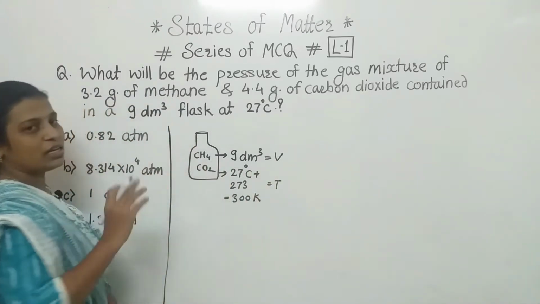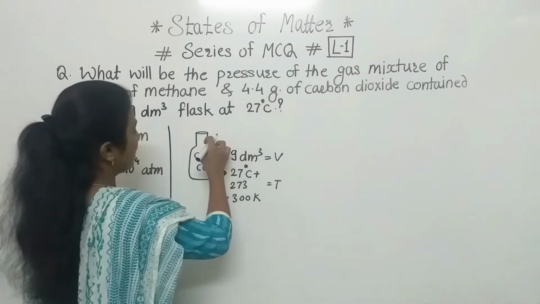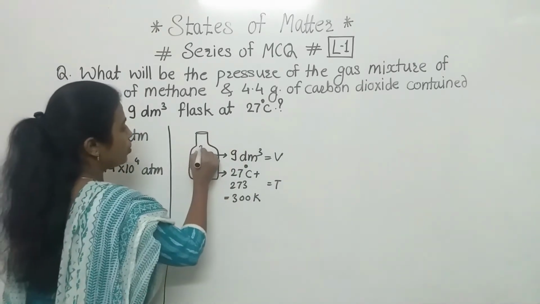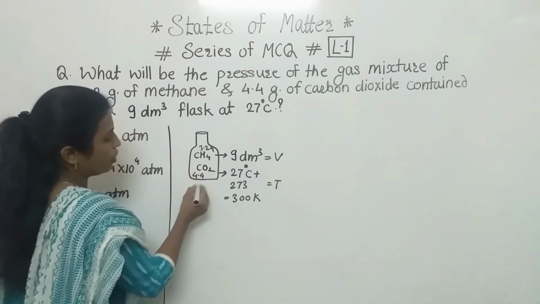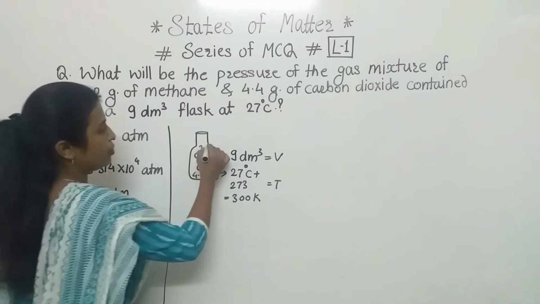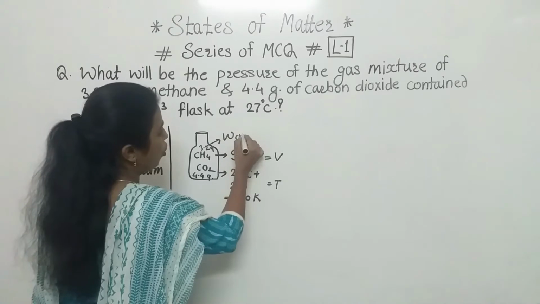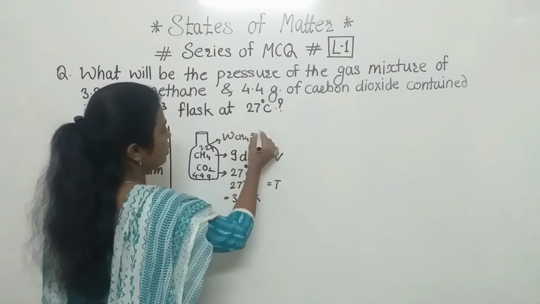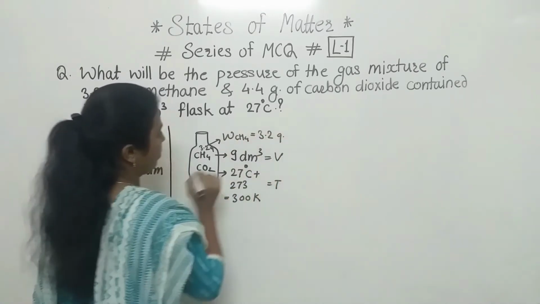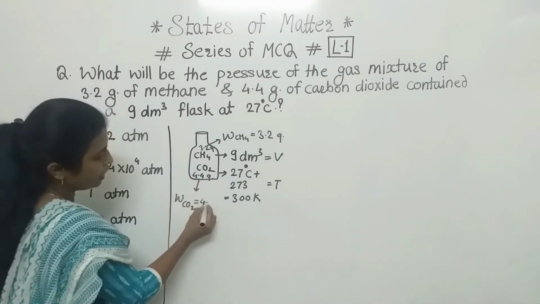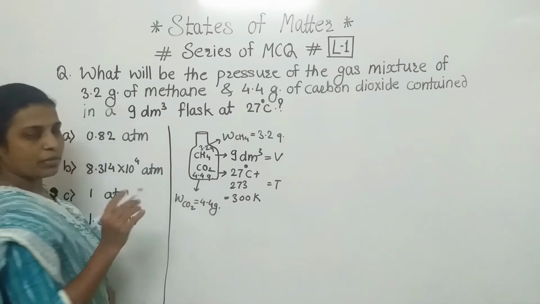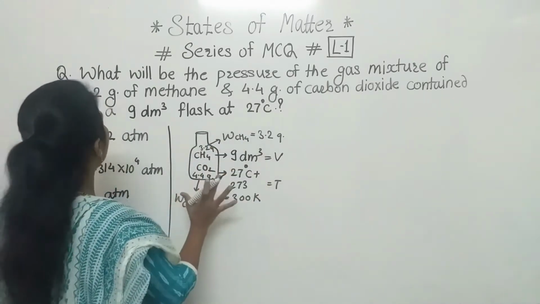Next, 3.2 gram of methane and 4.4 gram of CO2, means W of CH4 is given, that is 3.2 gram, and W of CO2 is given, that is 4.4 gram. Clear to everyone? That much is given, I think so.